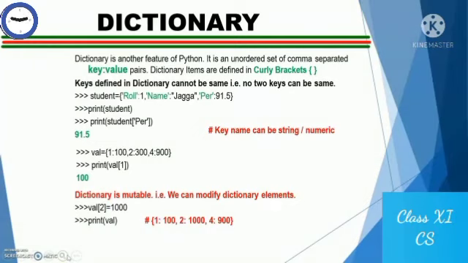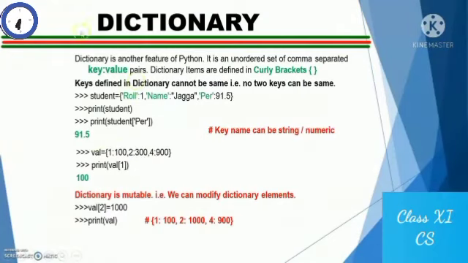Next is the dictionary. Dictionary is another feature of Python. It is an unordered set of comma separated key value pairs. Dictionary items are defined in curly brackets. Keys defined in a dictionary cannot be the same. That is, no two keys can be the same. For example, you can see student is equal to, we have opened the curly bracket, roll, colon, 1.